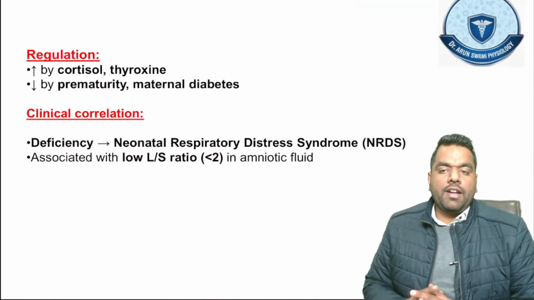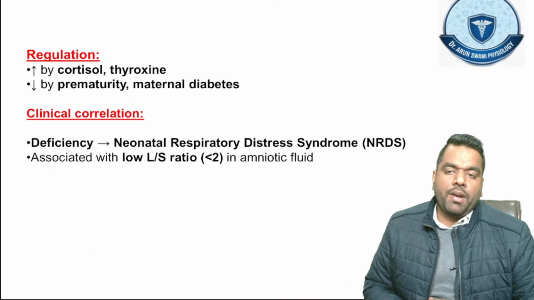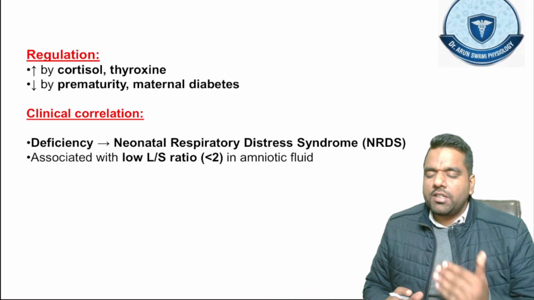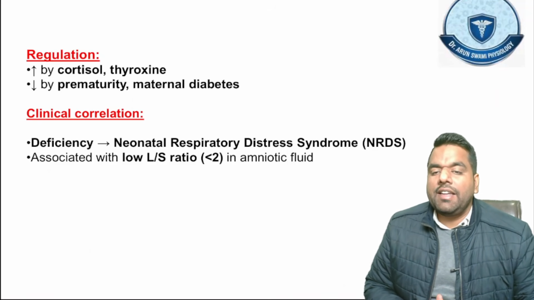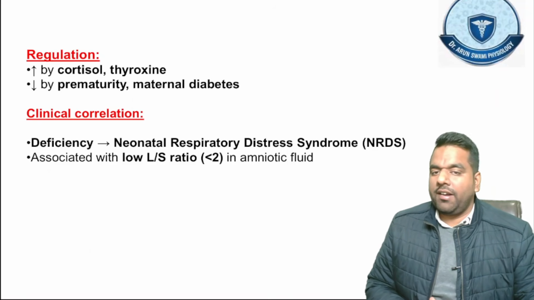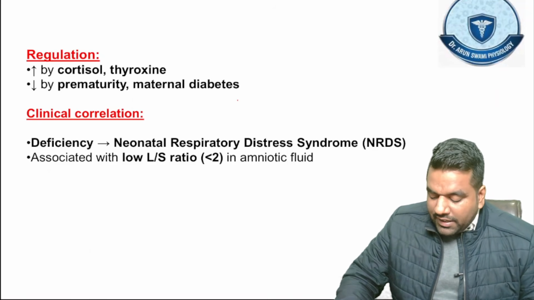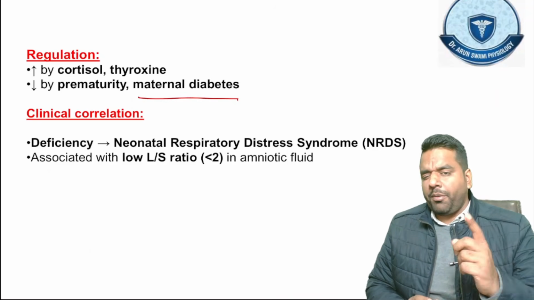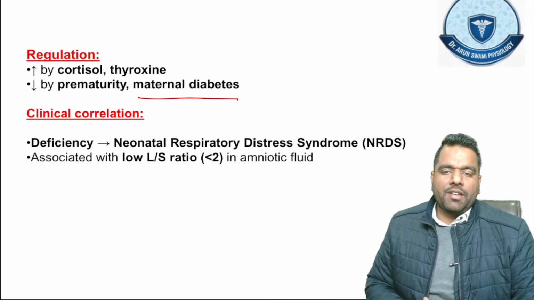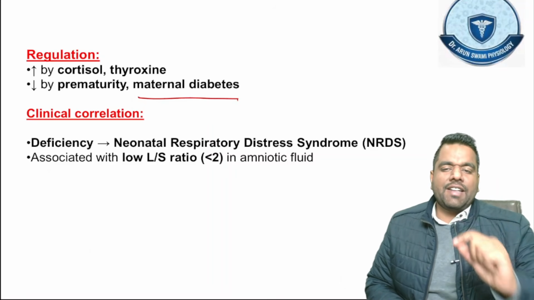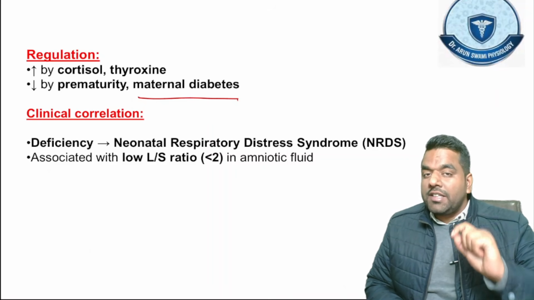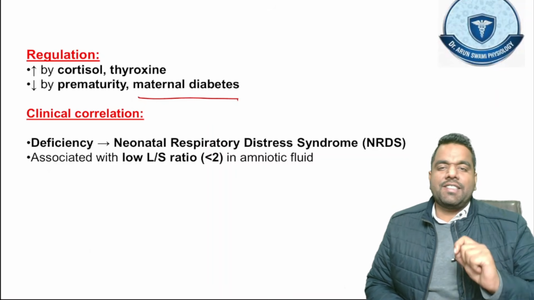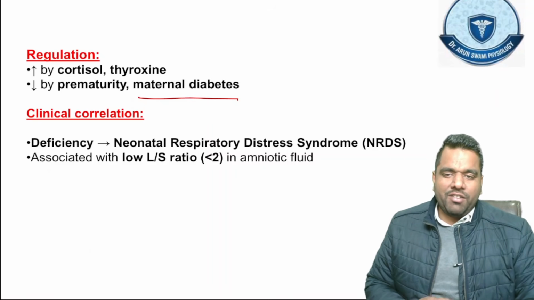Now, surfactant production is increased by cortisol or thyroxine, which are steroids, and decreased by prematurity or maternal diabetes. That is the reason, guys, for a frequently asked MCQ: in a diabetic mother, we always give a dexamethasone injection during labor. This injection is not for the mother, it is actually for the baby's lung. Always remember.